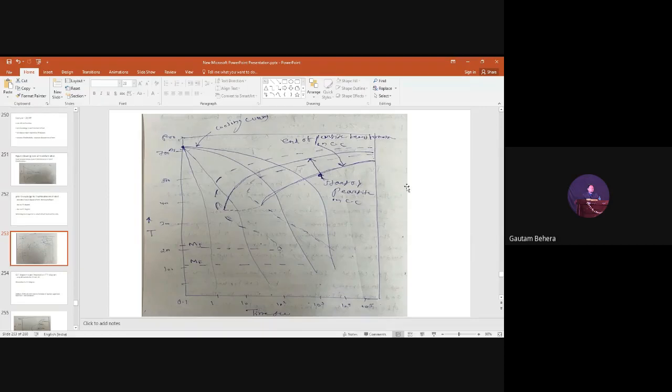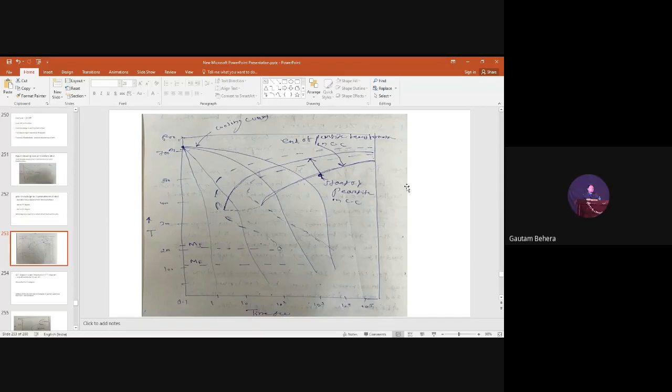What is the difference? Just carefully look at the positions. That is the first difference. Carefully look at the positions. Transformation temperature, yes.